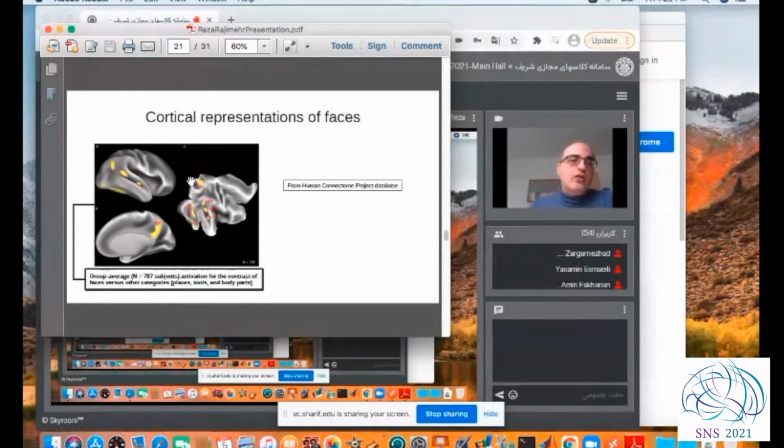But we also have this activation here, which was actually reported a long time ago by Jim Haxby and colleagues like Ida Gobbini. They reported this region as part of the extended face processing network, but it hasn't been studied much, I would say. There are some studies on familiar face processing in this region, but generally this region is somewhat ignored, I would say. Okay, thank you.